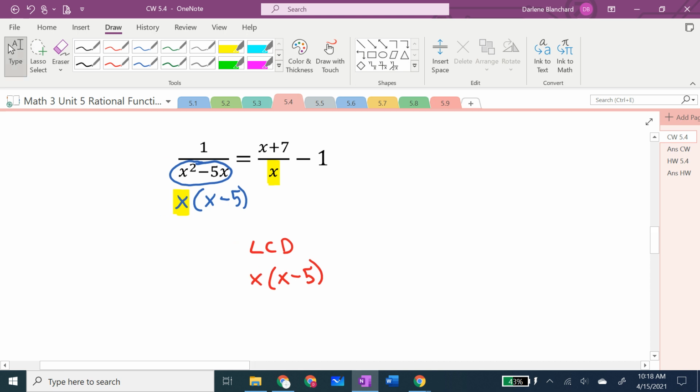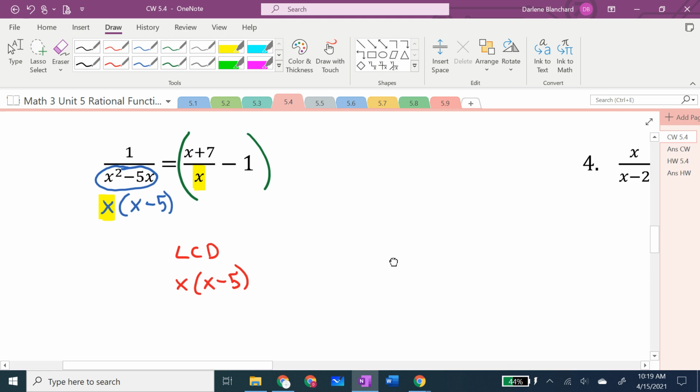So I am going to use big parentheses here. That parentheses is very, very important because of the subtraction. Every time you see addition, subtraction on one side of the equal sign, you're going to have to deal with a distributive property because we're always going to be multiplying by a denominator.